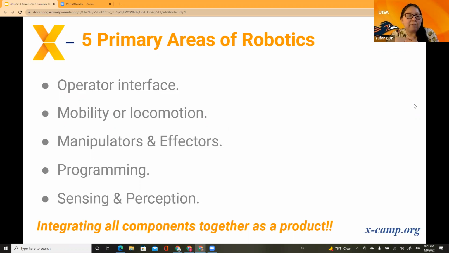We must have sensing and perception, which is done by our eyes, and programming is done by our brain. Manipulators are more like your fingers, and mobility, locomotion, is more like your brain controlling your legs and feet to walk. And these are the fundamentals for robots.